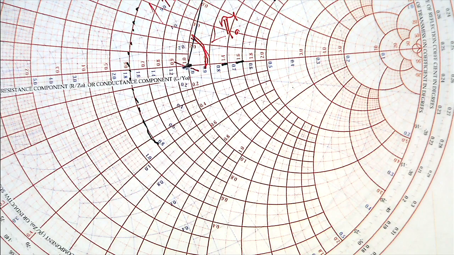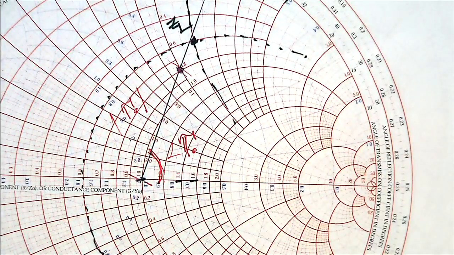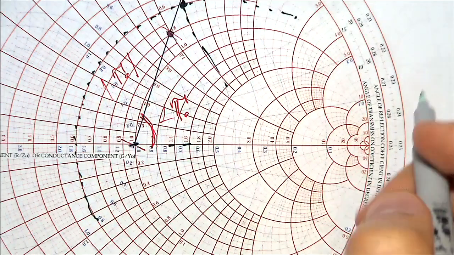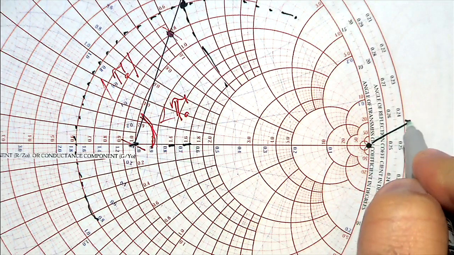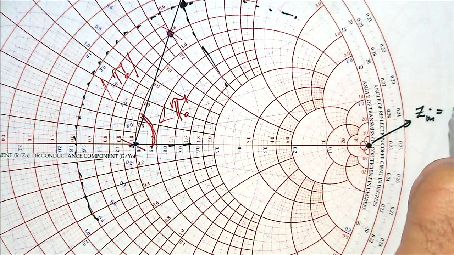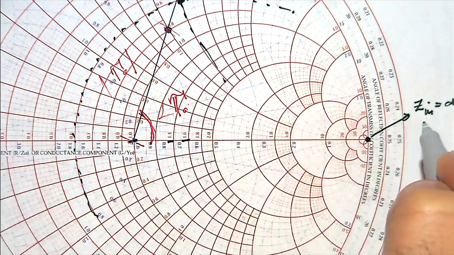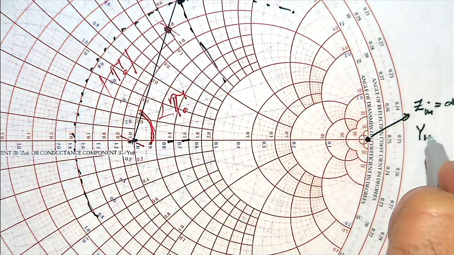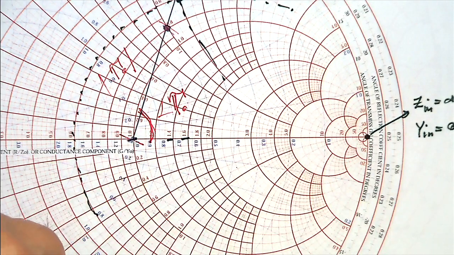Can you show it on the... Yes. So here is Z in equals infinity, and then I can say that here is Y in equals 0.